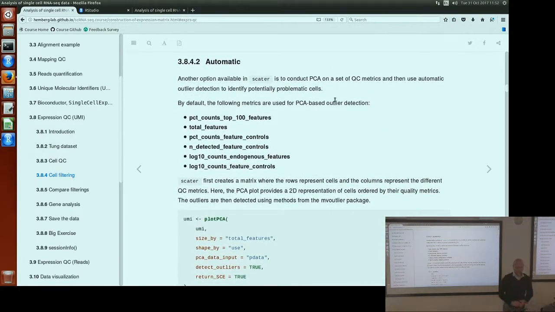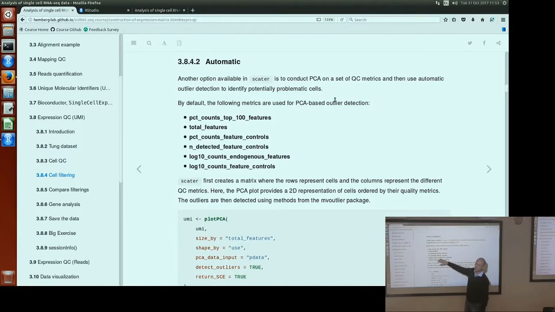So Scater also provides some automatic ways to detect outlier cells in your matrix. This is based on several features. If you run this function, plotPCA on a Scater object, on a single cell experiment object, and you ask it to find the outliers in your data, it will look at these features, at these columns in your annotation matrix.